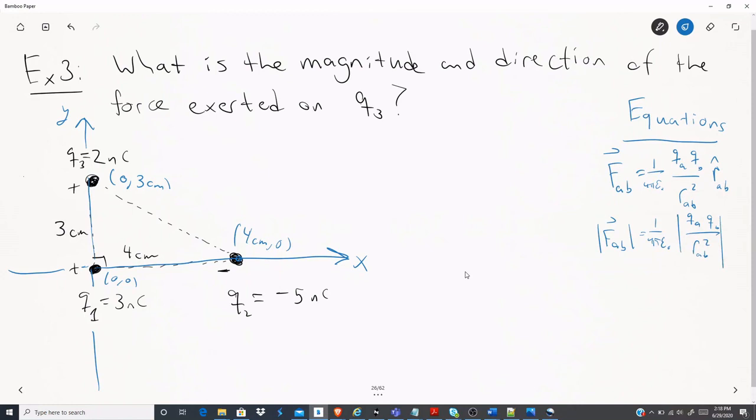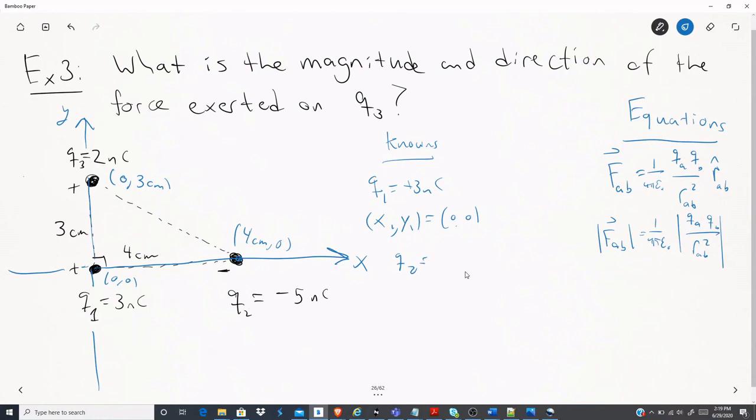Okay. Now I have my knowns and unknowns that I need to work out. So, what are my knowns? Well, I know that charge 1 is 3 nanocoulombs. And I know its coordinates. The ordered pair is 0, 0.